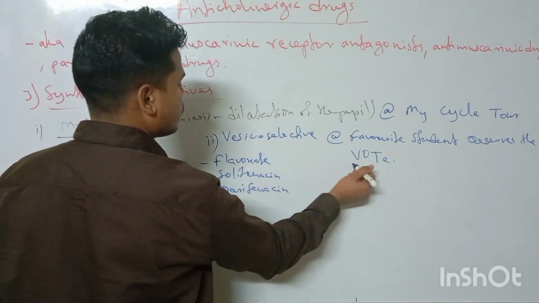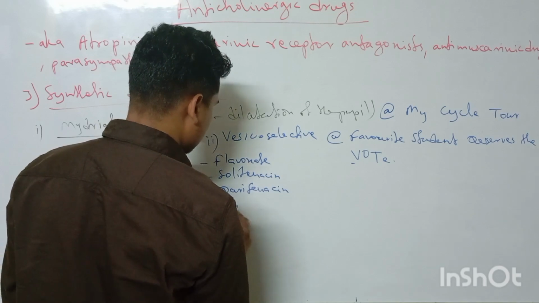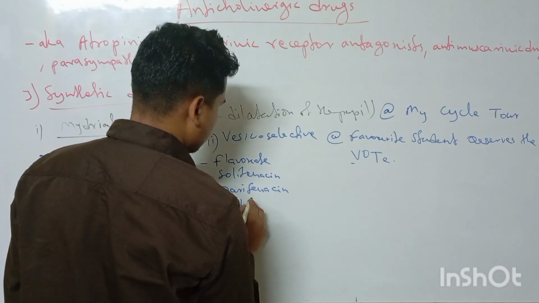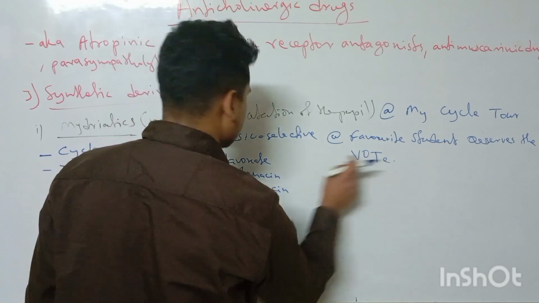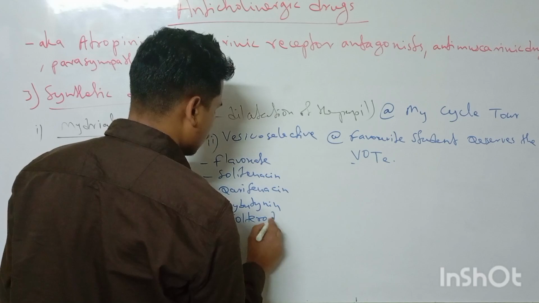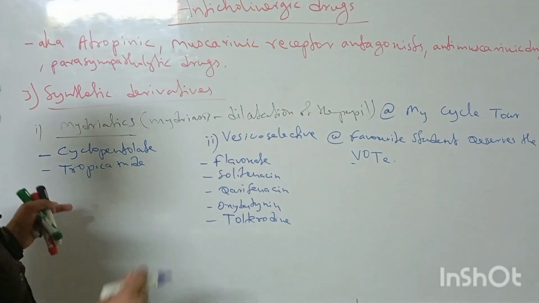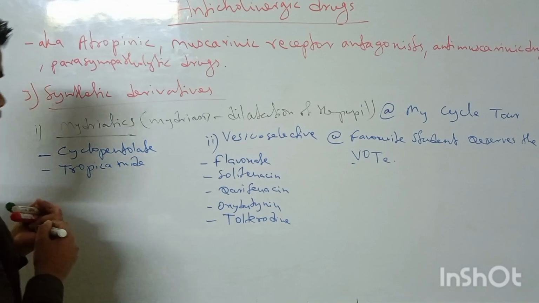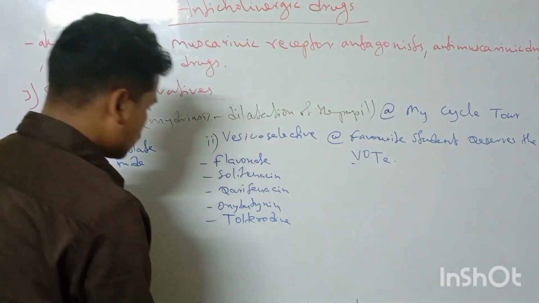B will stand for vesicoselective, O for oxybutynin, and T will stand for tolterodine. So these are the vesicoselective anticholinergic drugs.